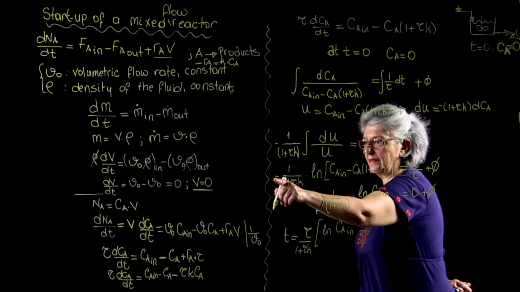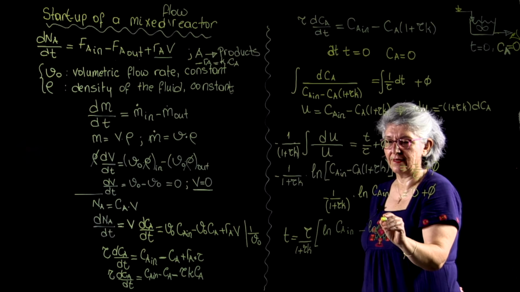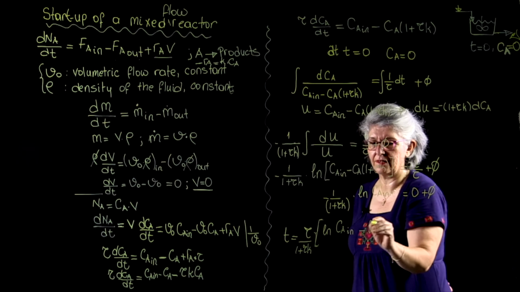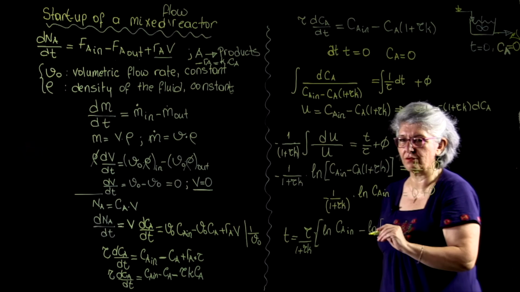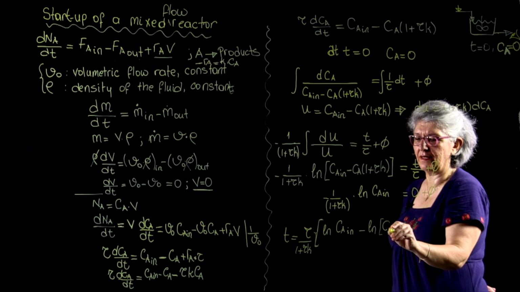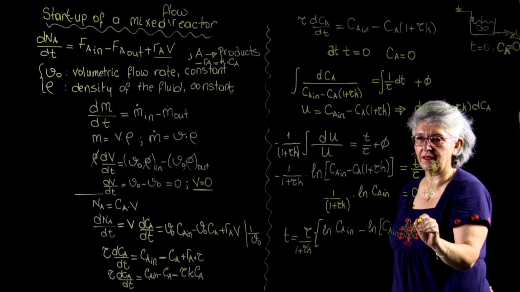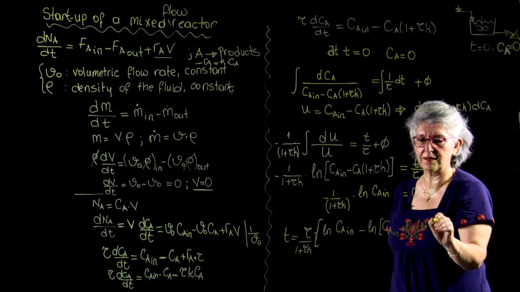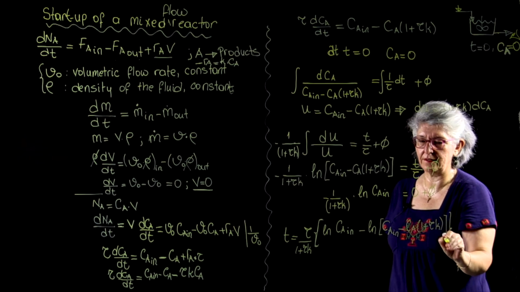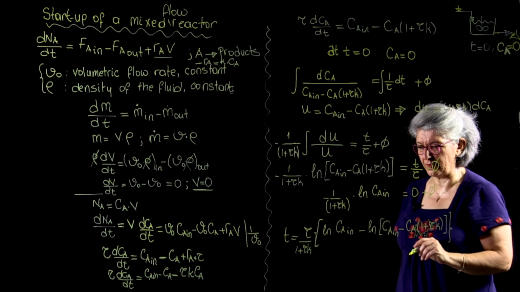minus, it is this minus, ln, let me make this fancy bracket so that I will have my square bracket here, Ca in minus Ca times 1 plus tau k, all the brackets, and I will do one more step of rearrangement.